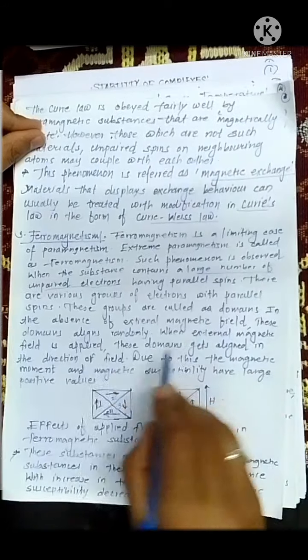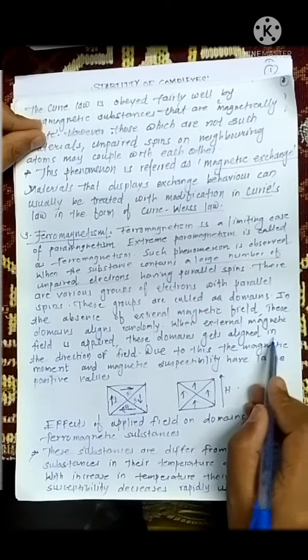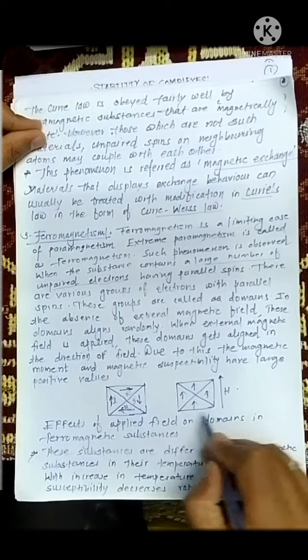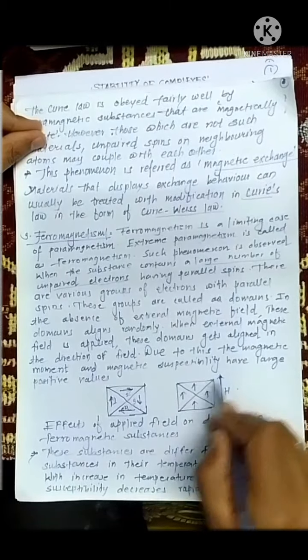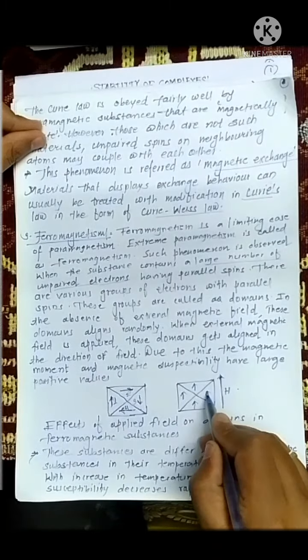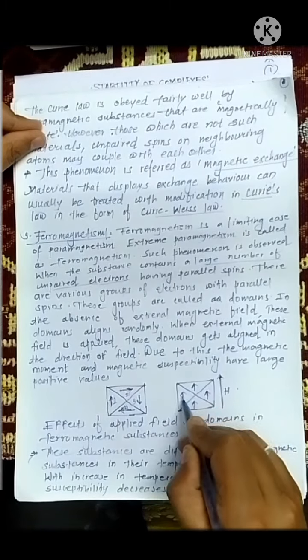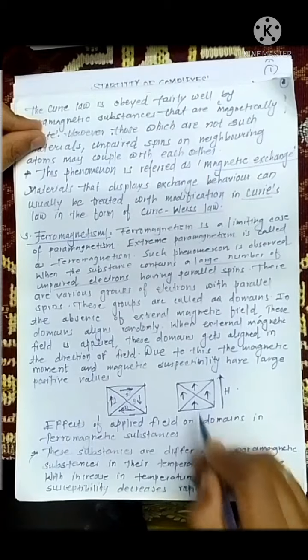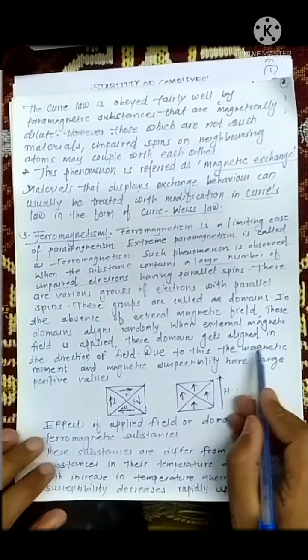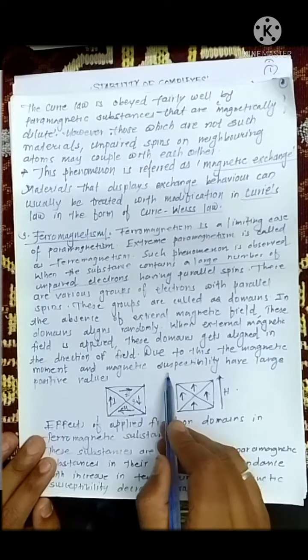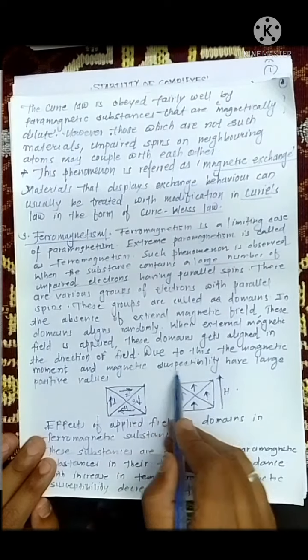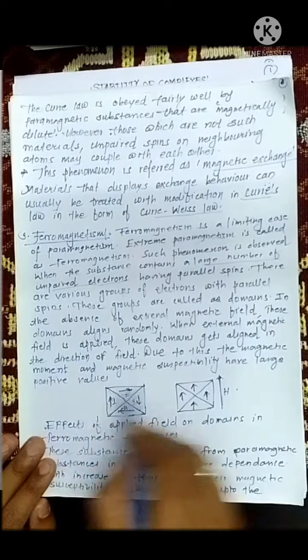But when an external magnetic field is applied, the domains get aligned in the direction of the field. Just see, when I put this substance in a magnetic field, what happens to the direction of the arrows? They are parallel to the magnetic field. Due to this, the magnetic moment and magnetic susceptibility have larger positive values.